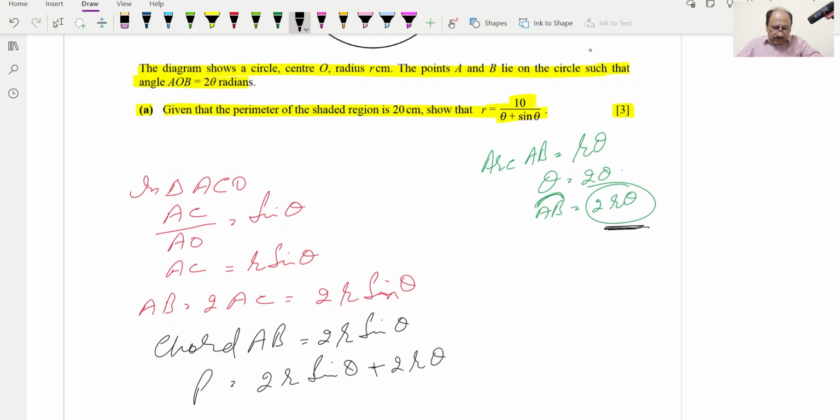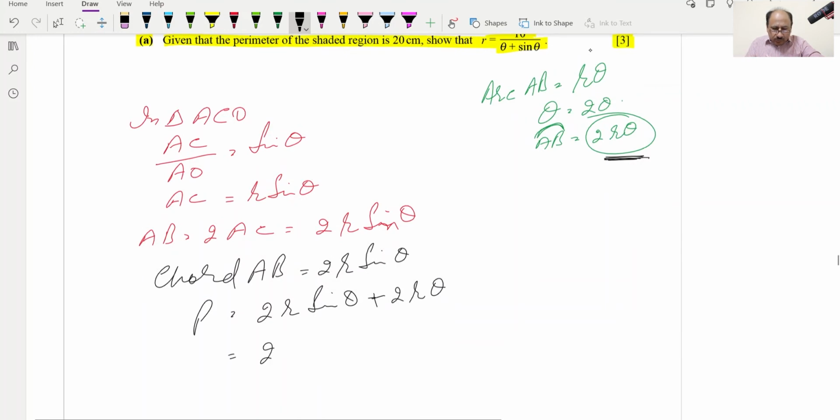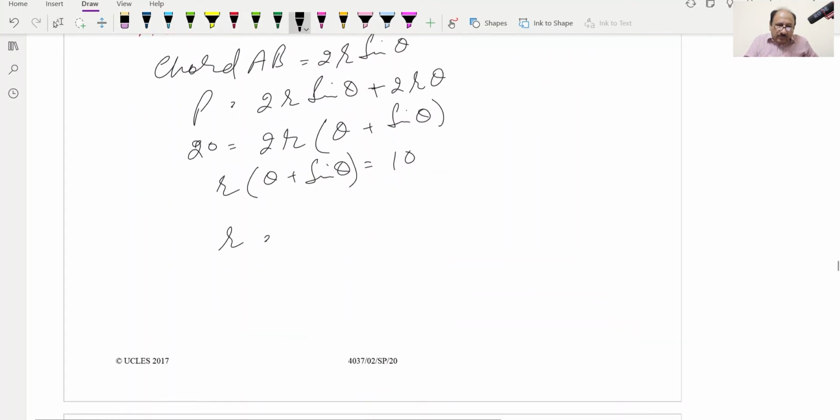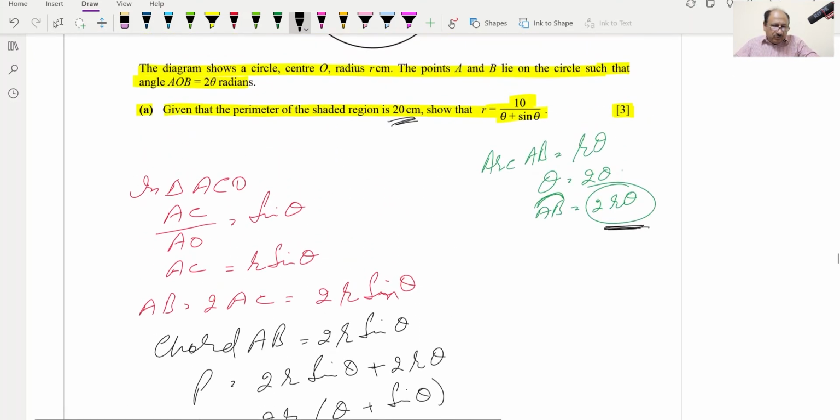Now we can take 2R common, so it will be theta plus sine theta, and the perimeter is given as 20, so we can write equal to 20. So R times theta plus sine theta is equal to 10, and R will be equal to 10 over theta plus sine theta. This is what we were supposed to prove, and we have shown it, a 3 marks part.